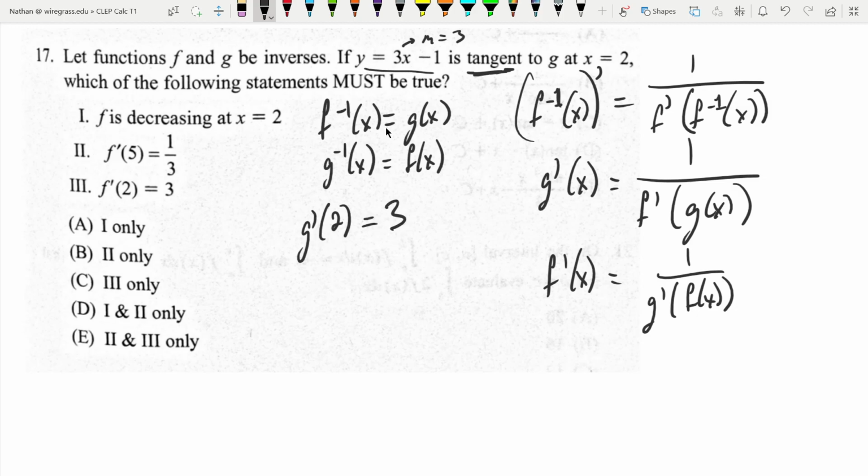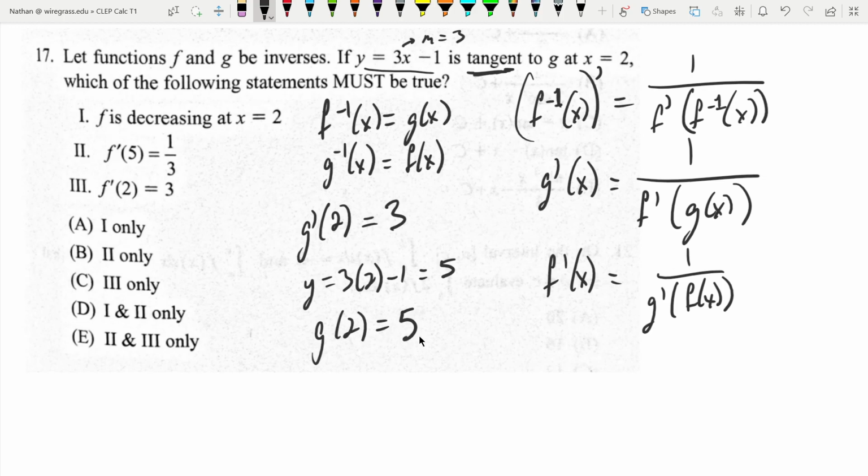We know it's tangent to the graph, which means it touches the graph there. So when x equals 2, you plug 2 in, you get y equals 3 times 2 minus 1. That gives us 5. So g of 2 equals 5.